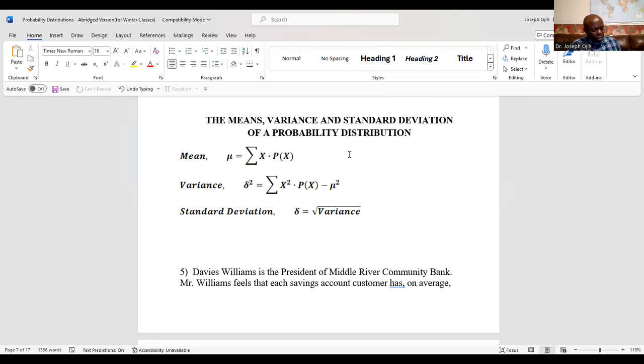So now, this is a different formula. The mean, with the same symbol, is the sum of x times the probability of x. The variance is the sum of x squared times the probability of x, minus the mean squared. And the standard deviation stays the same, which is the square root of the variance.